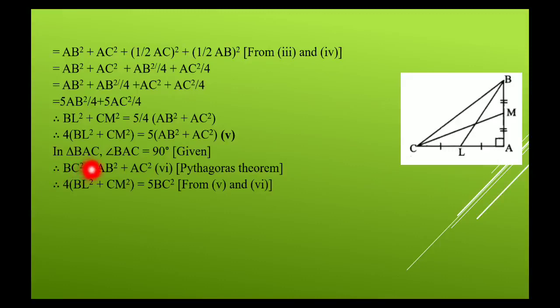In triangle BAC, that is the big triangle BAC, angle BAC is 90 degrees, given, so I am going to apply Pythagoras theorem here. BC square is equal to BA square plus AC square. What is the value of BC square here? 4BL square plus CM square is equal to 5 times AB square plus AC square, which is 5 times BC square.